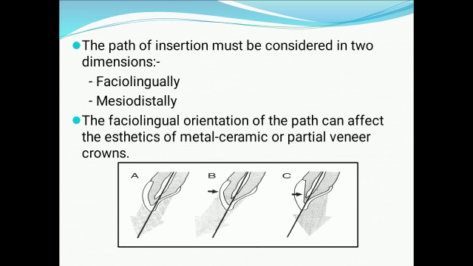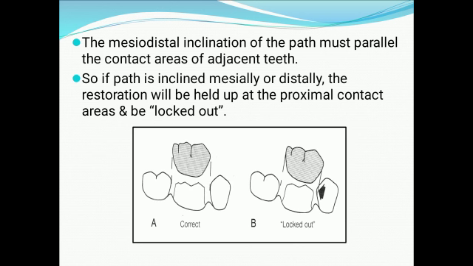The path of insertion must be considered in two dimensions, facio-lingually and mesiodistally. The facio-lingual orientation of the path can affect the aesthetics of metal ceramic and partial veneer crowns. The mesiodistal inclination of the path must parallel the contact area of the adjacent teeth. So, if the path is inclined mesially or distally, the restoration will be held up at the proximal contact area.